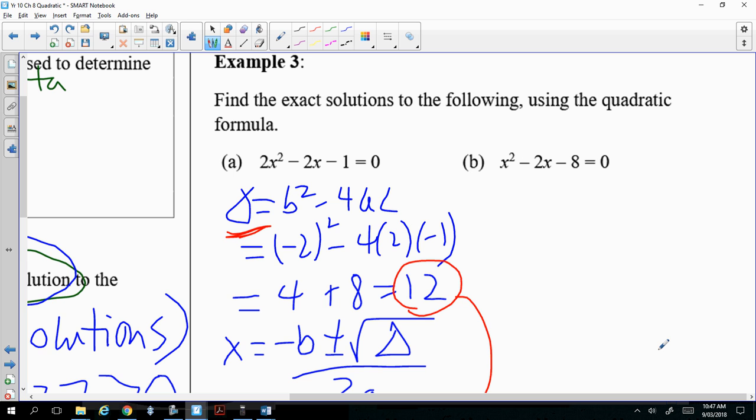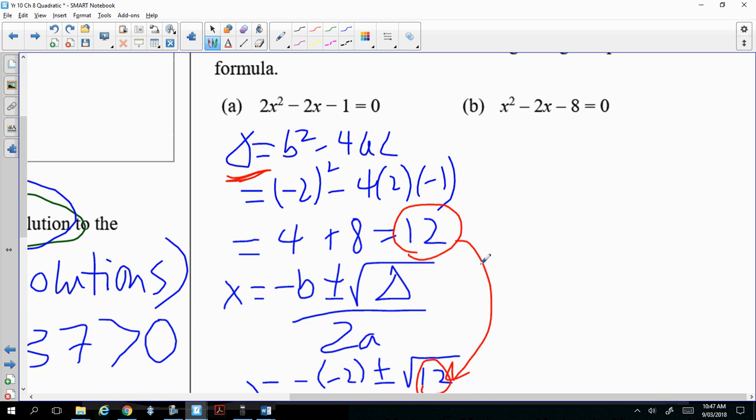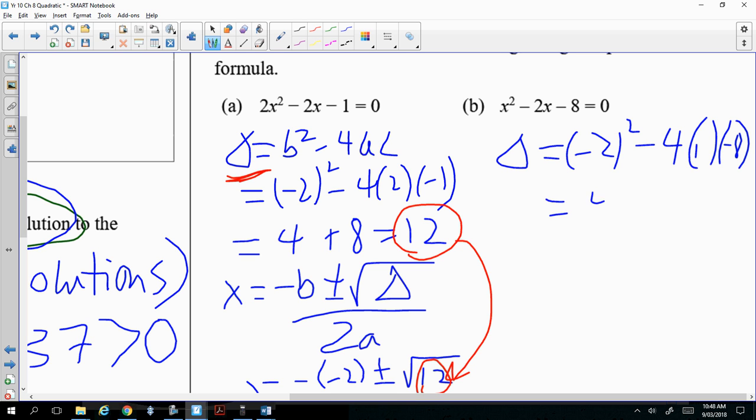So your first step, just find the discriminant. Discriminant is negative 2 squared minus 4ac. What would that be? 4 plus, double negative plus, 32, which is 36, right?